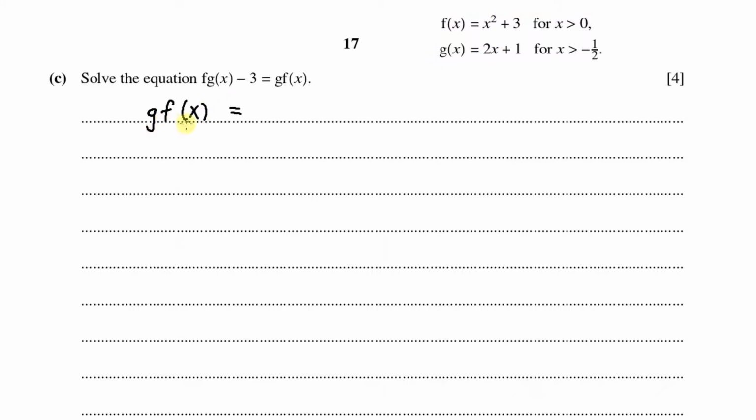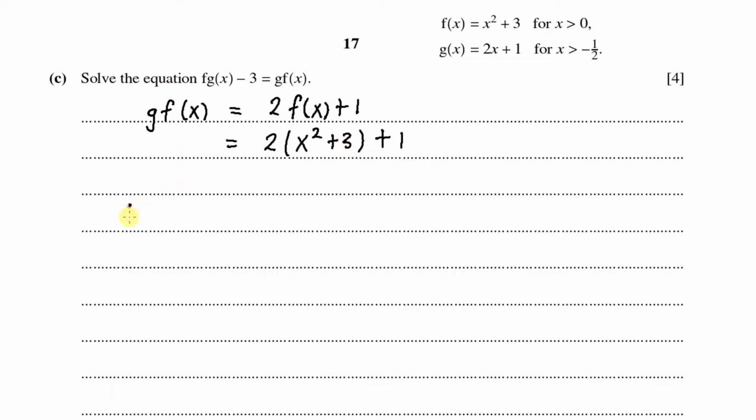When we say g of f of x, we're saying that we're inputting f of x into g. That will be 2 of f of x plus 1, which is 2 of x squared plus 3 plus 1. So that's g of f of x.